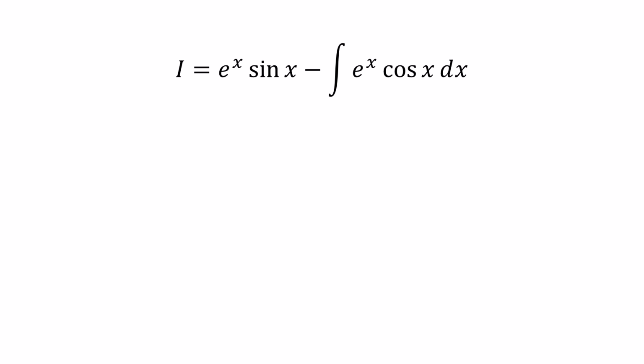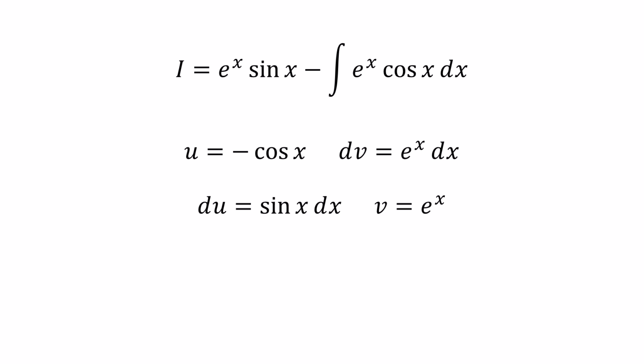This time choose u equals negative cosine of x and dv equals e to the x dx, then du equals sine of x dx and v equals e to the x.